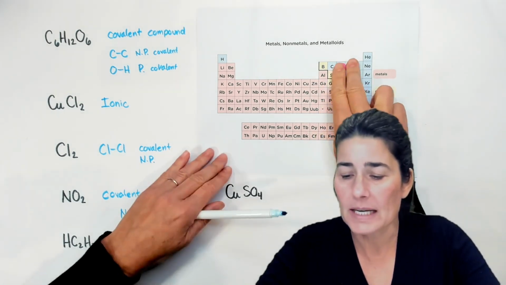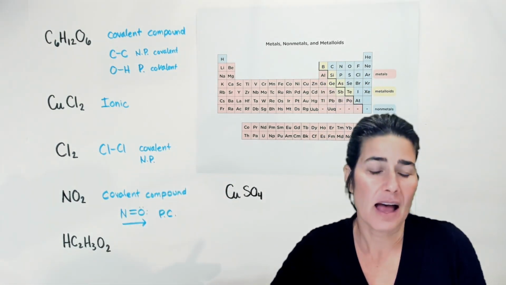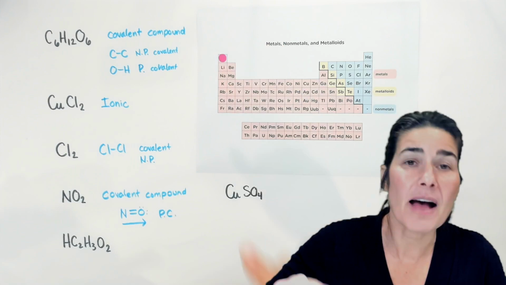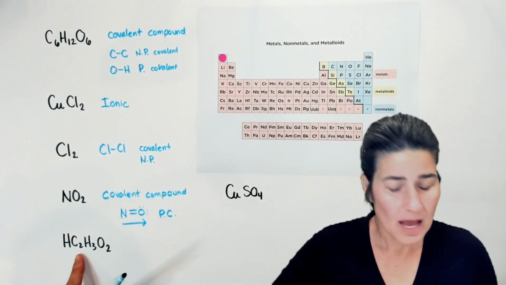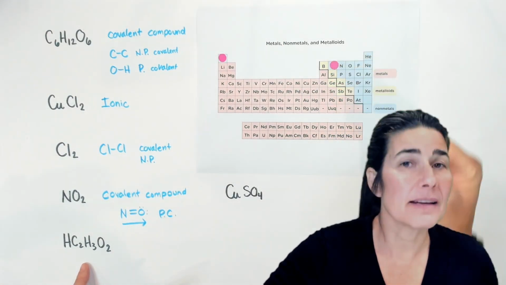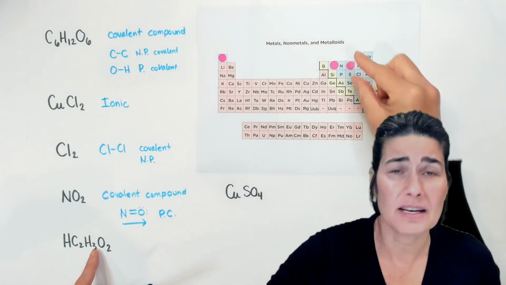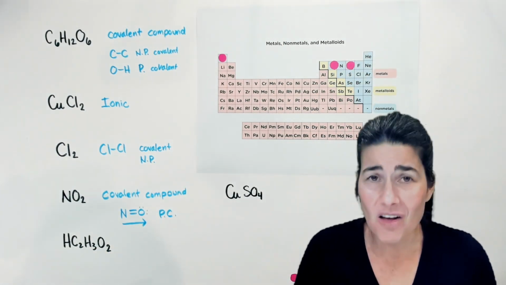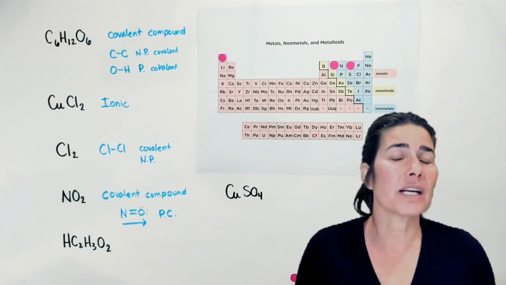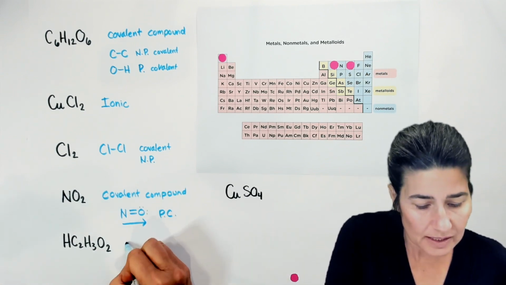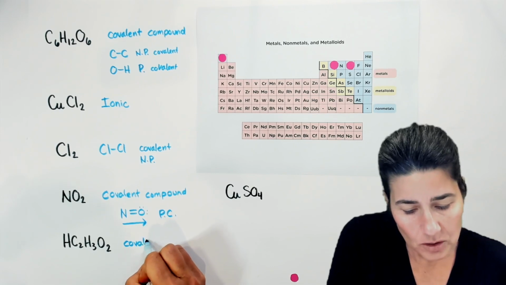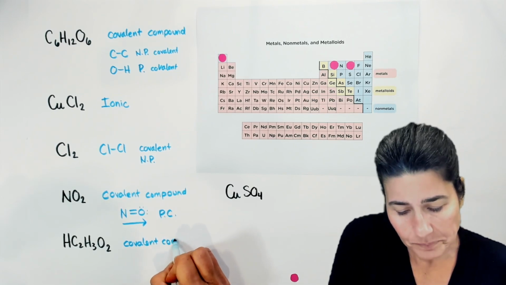This would be a polar bond, polar covalent in the covalent compound. My next one is acetic acid. I have atoms of hydrogen, non-metal, atoms of carbon, non-metal, and more atoms of oxygen. Since those are all non-metals, we're going to classify this very quickly as being another covalent compound.